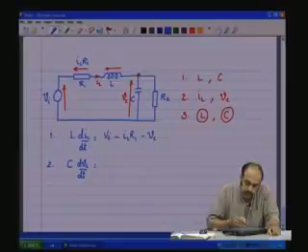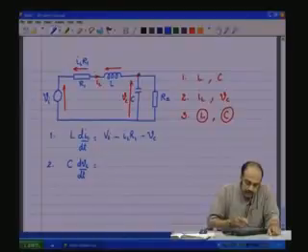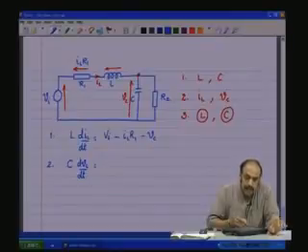And now what is the current through the capacitance? There is a current flowing from the inductor IL here, there is a current through the capacitance here, and there is a current which flows through R2, and by KCL it is known that the algebraic sum of this current and this current and this current should add up to 0.